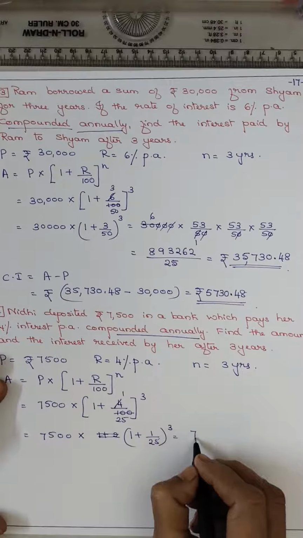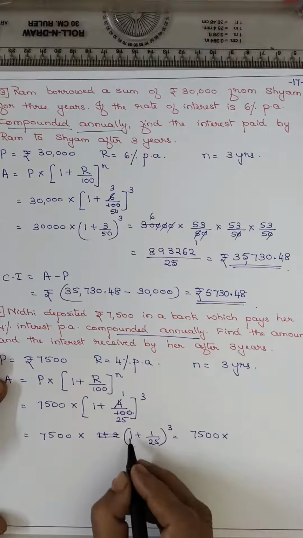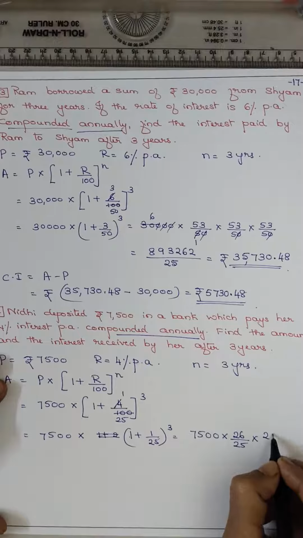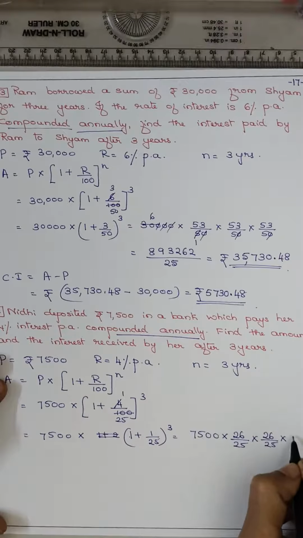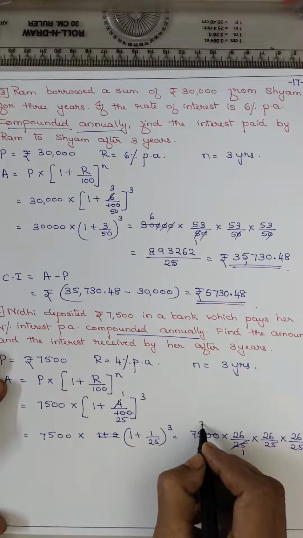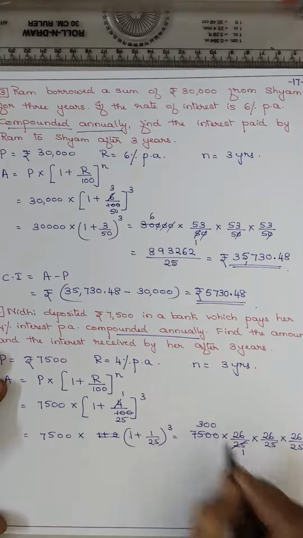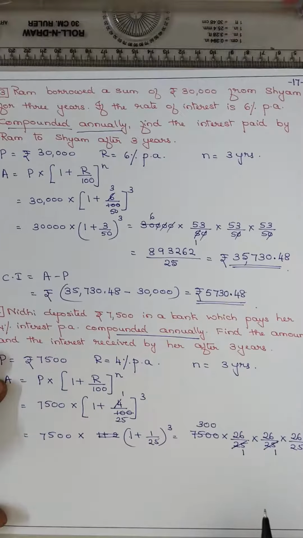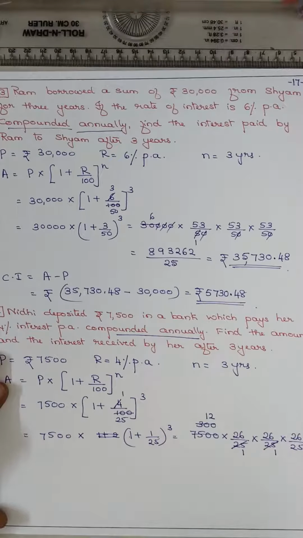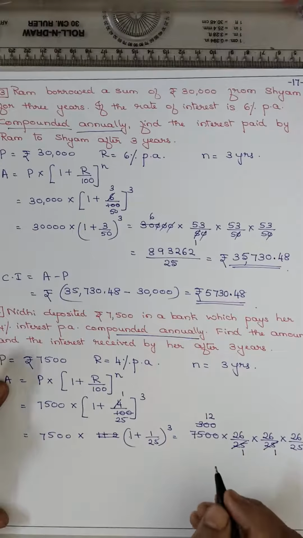That means 7500 into 25 plus 1, 26 upon 25, 26 upon 25, 26 upon 25. 25 ones are 25, 3s are 75, 2 zeros. 25 ones are 25, 4s are 100. Now 300, 4 3s are 12.